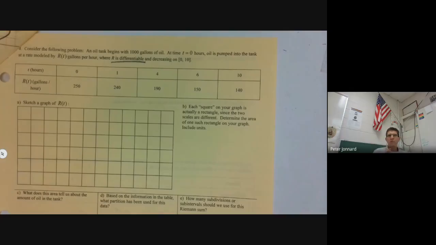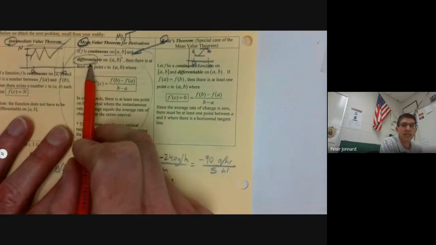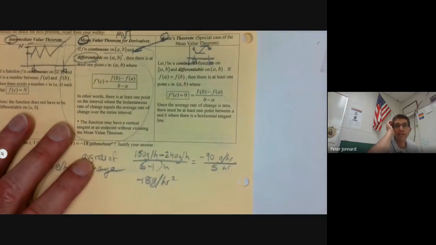To be honest, the number of gallons of oil in a tank really can't magically change, so it's got to be continuous. So it's differentiable and continuous, and we are good to go. If you just say it's differentiable, that takes care of both cases.